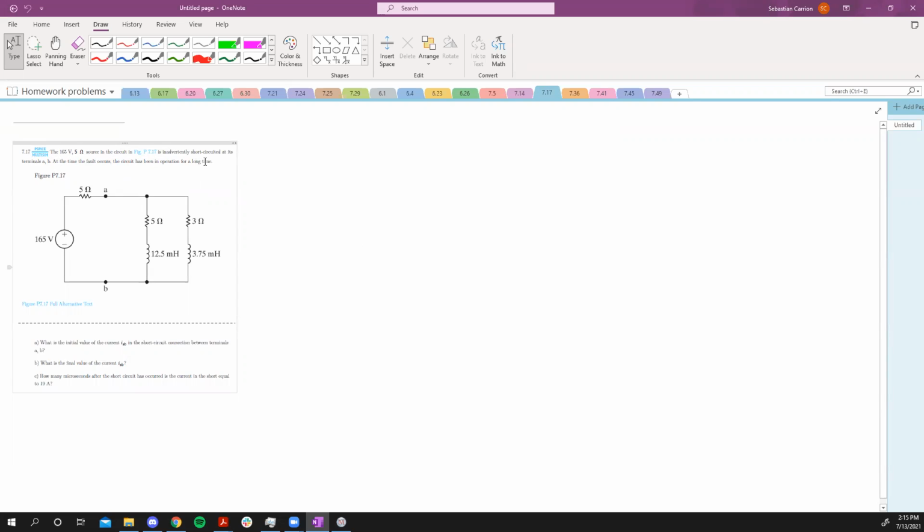Okay, so at a time before 0, this circuit looks like this. The inductor turns into a wire.